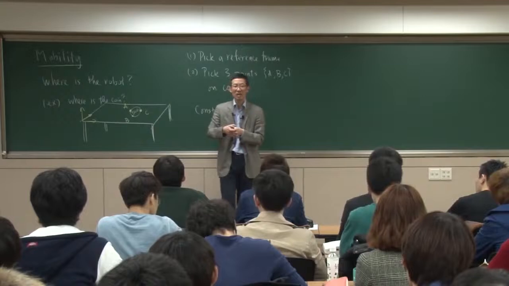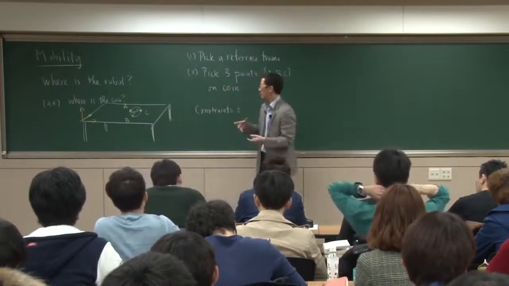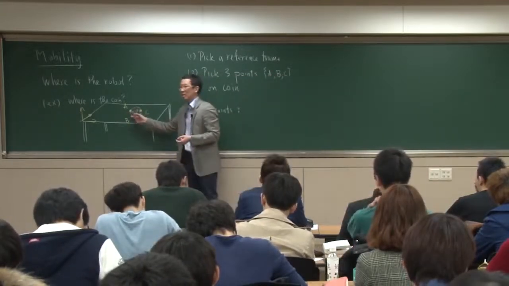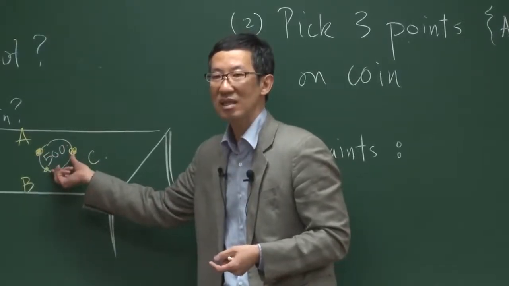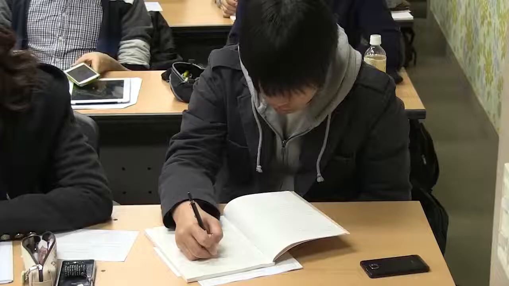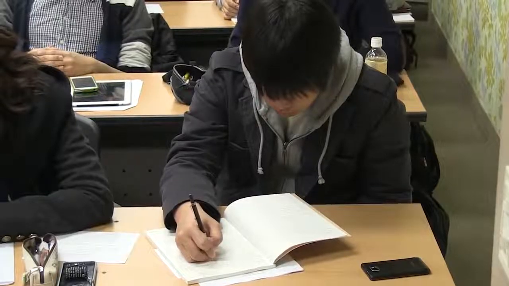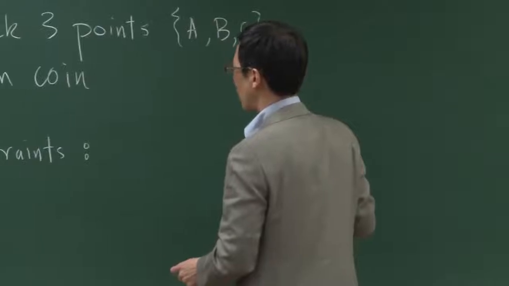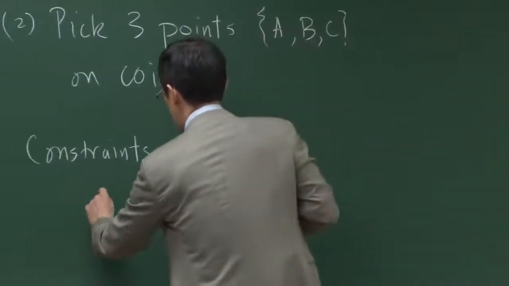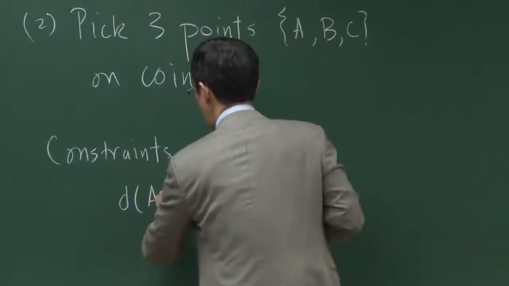What that means is that the distance from A to B is fixed. The distance from B to C is fixed. The distance from A to C is always fixed. So let's write down those constraints in equation form. The distance between point A and point B.